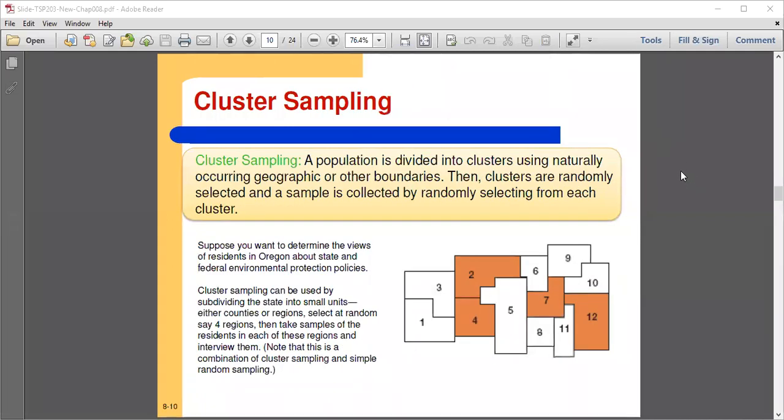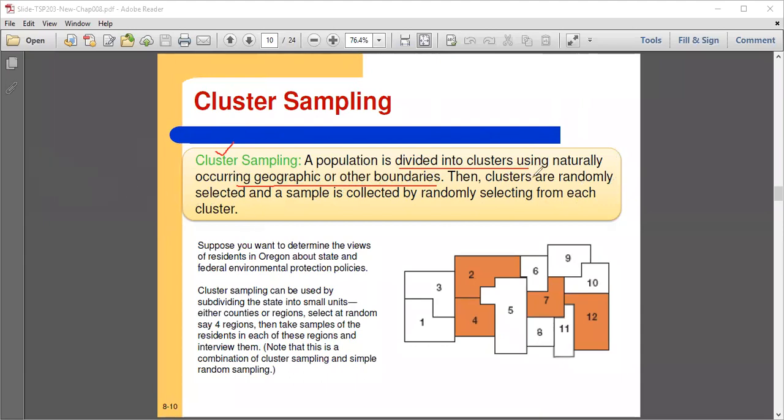The fourth type of sampling is cluster sampling. In cluster sampling, the population is divided into clusters using naturally occurring geographic or other boundaries. So this sampling type is used for a population which is geographically spread. Then clusters are randomly selected and the sample is collected by randomly selecting from each cluster.